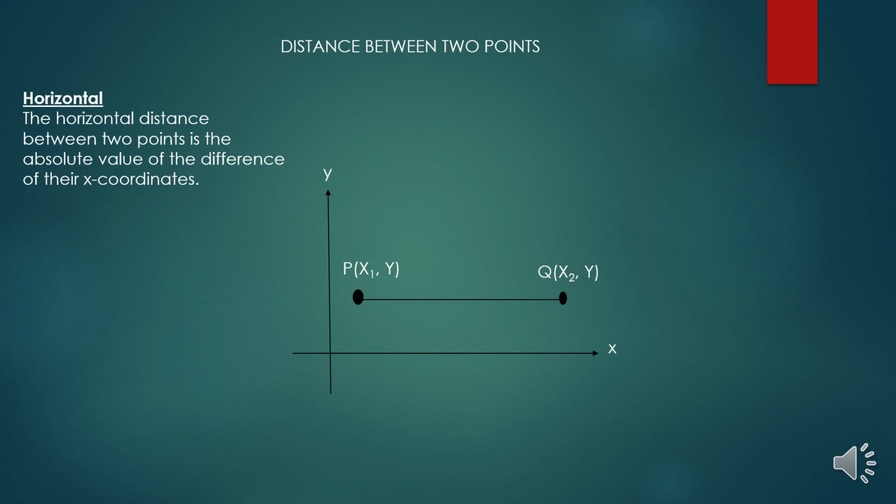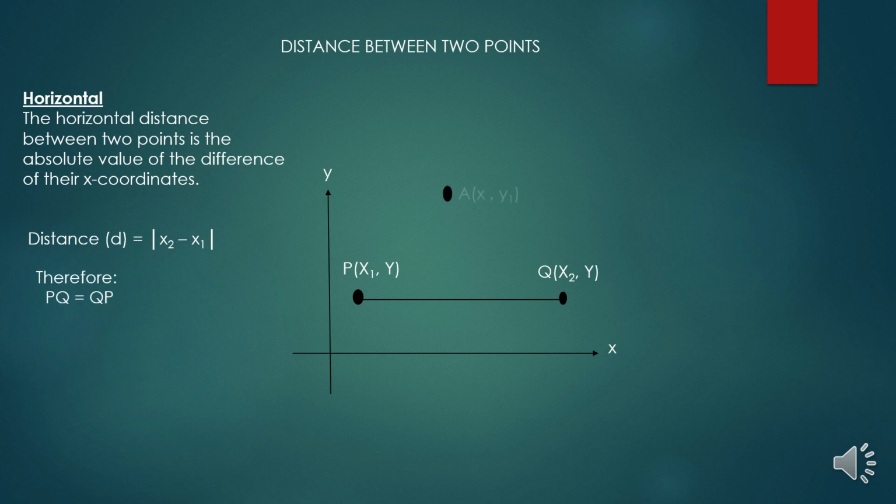Or by using the formula, distance d is equal to the absolute value of x sub 2 minus x sub 1, because x sub 2 and x sub 1 are not equal. Therefore, the distance from P to Q is equal to the distance from Q to P.